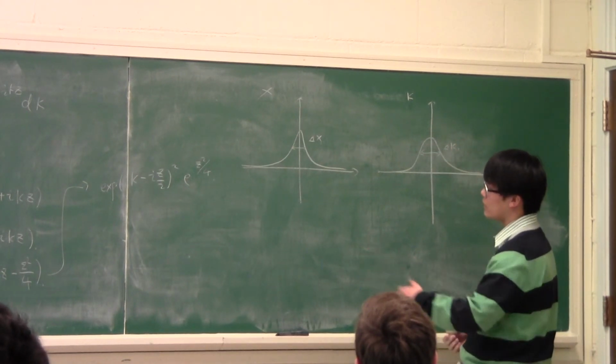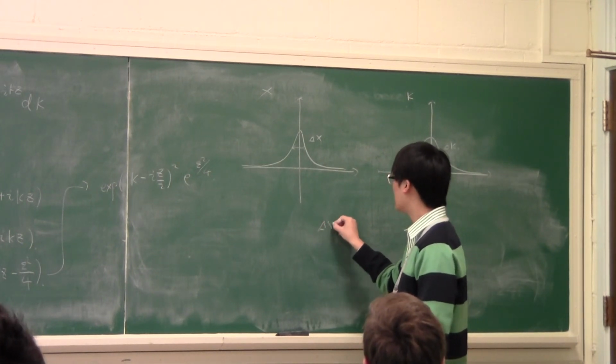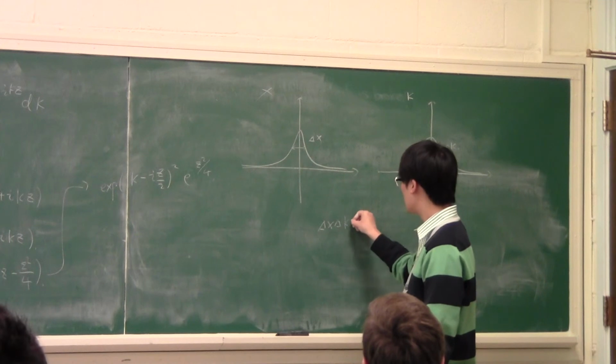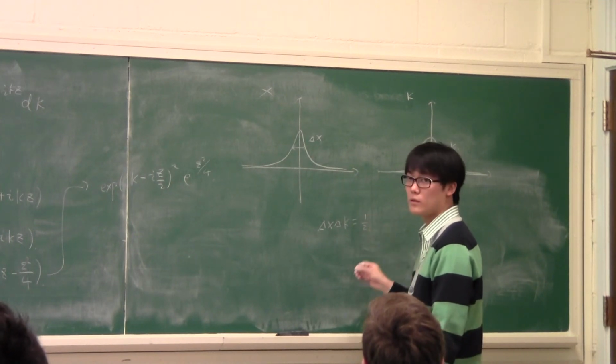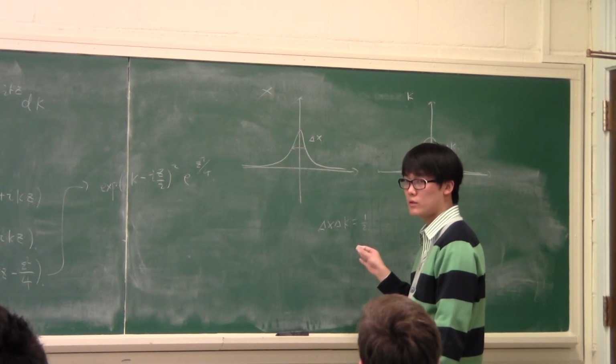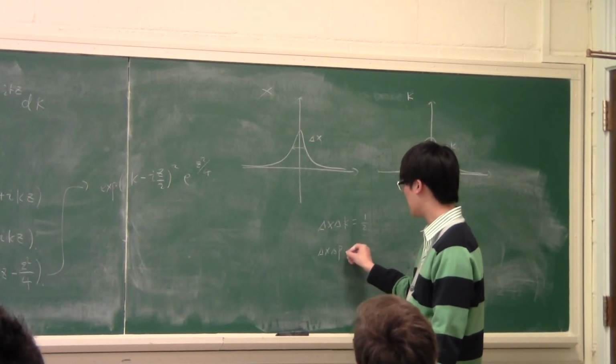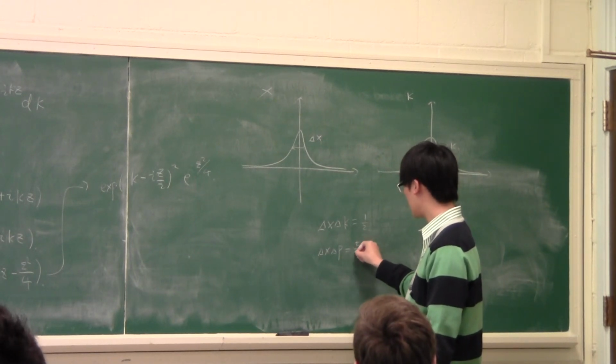Okay, now if we carried out the calculation, we will find this. Delta x, delta k is exactly 1/2. Okay, which means that if I plug in de Broglie's relation, delta x, delta p is h bar over 2.